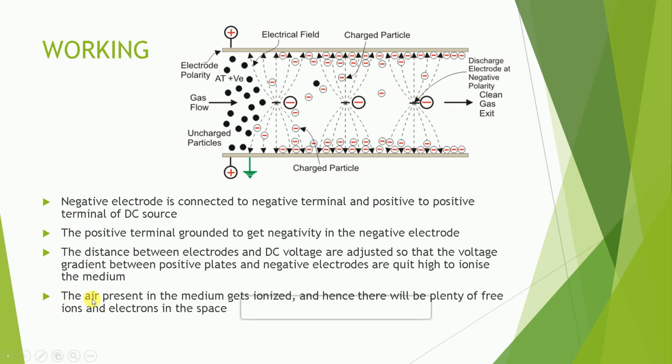Here, the air present in the medium gets ionized. That is the air before the dust particles or flue gas come inside; the medium air is ionized by free electrons.